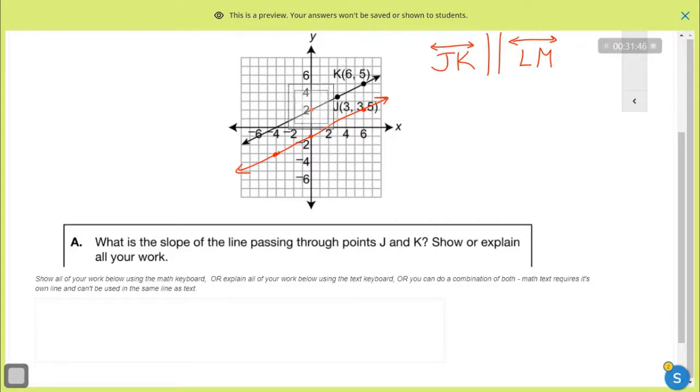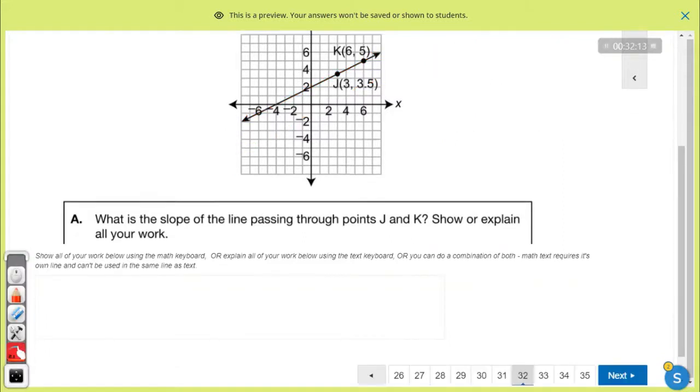What if line LM is these points right here? Doesn't the line that I'm drawing right now have the same slope as the line JK? Well, yes, it does. It happens to be the same exact line. And therefore, line JK isn't just parallel to LM, it is equal to LM. They are indeed the same line. Those are the 2 different options you have when you know it's the same slope. They're either parallel or they're the same line.